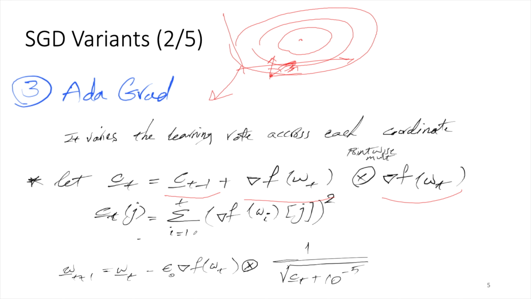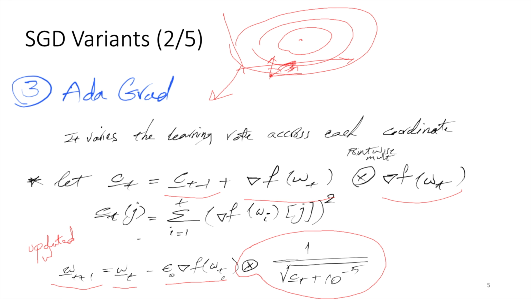So now using this C t of j, we can update your weights. So this will be your updated W, your previous W, and this value would be added because of AdaGrad, right? Otherwise, this would be the classic way we would update. So you will add this amount by a pointwise multiplication.